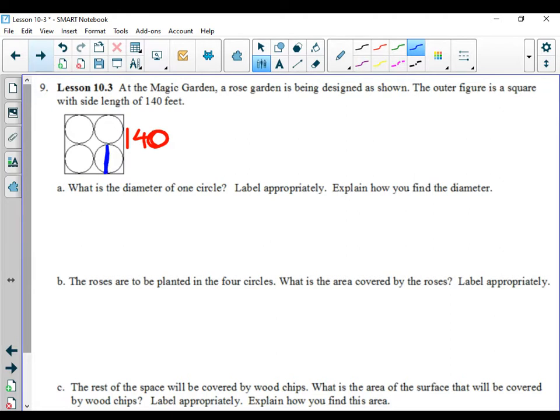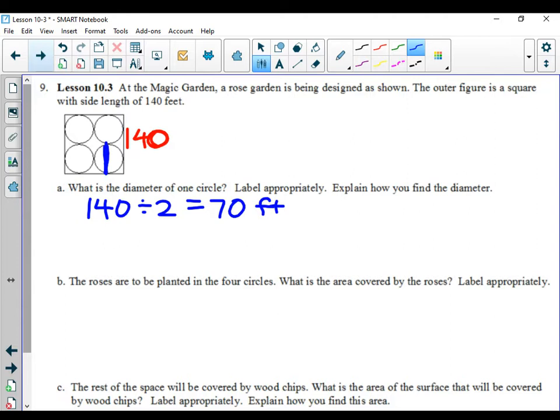If there's 2 circles stacked, it would be 140, just like the square. But if we only want 1 circle, that one's not squared because we didn't do the area yet.